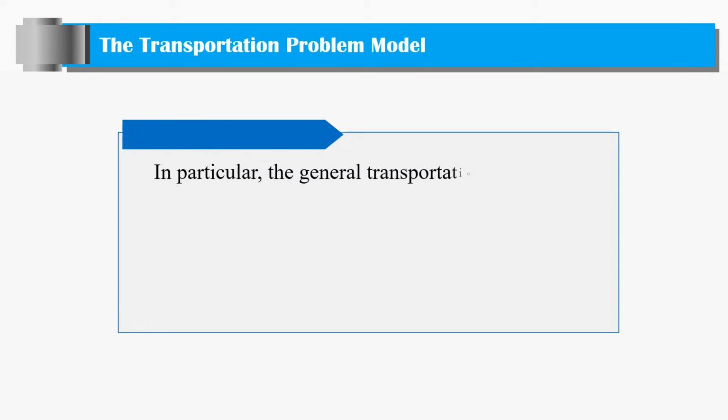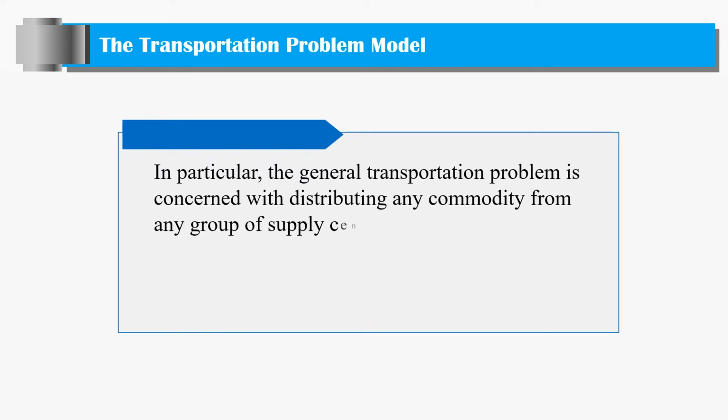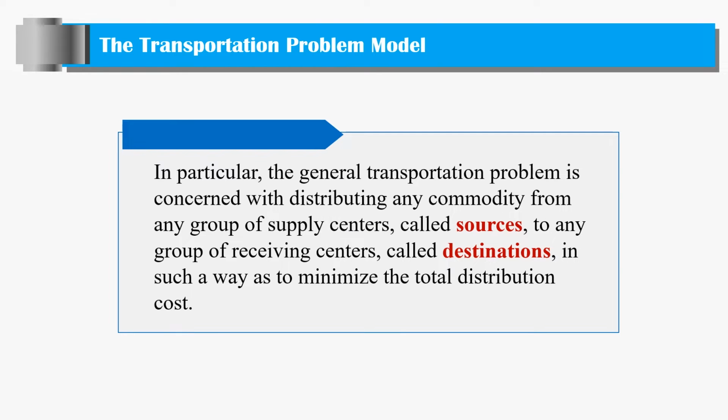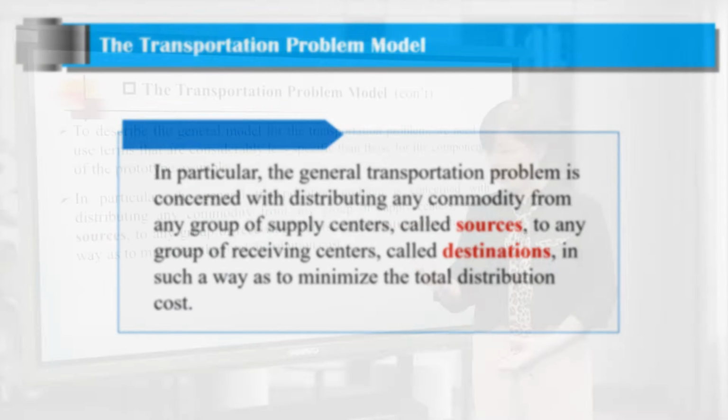In particular, the general transportation problem is concerned with distributing any commodity from any group of supply centers, called sources, to any group of receiving centers, called destinations, in such a way as to minimize the total distribution cost.